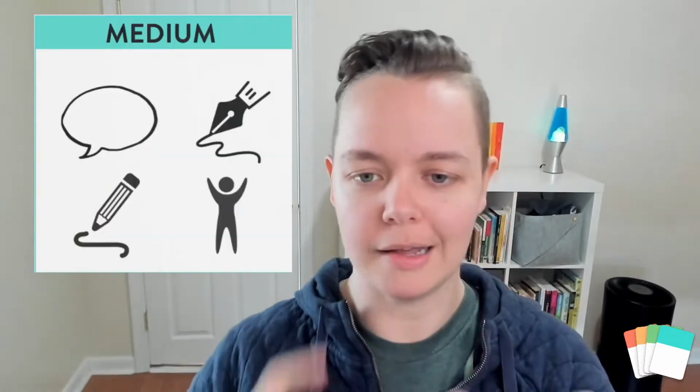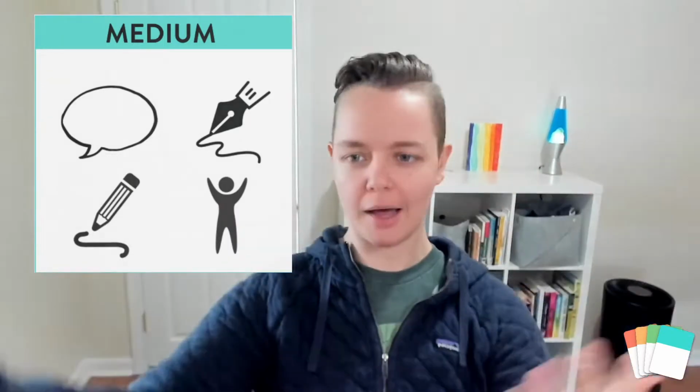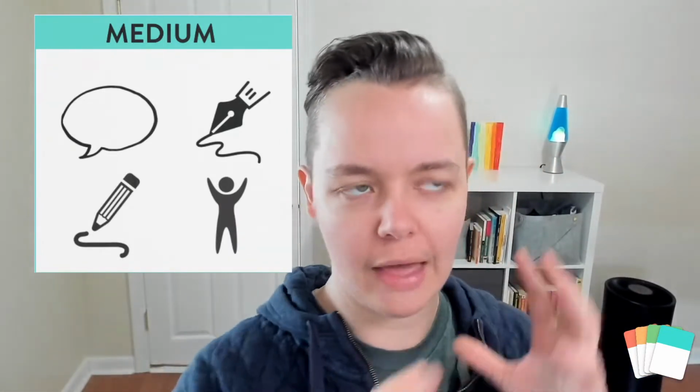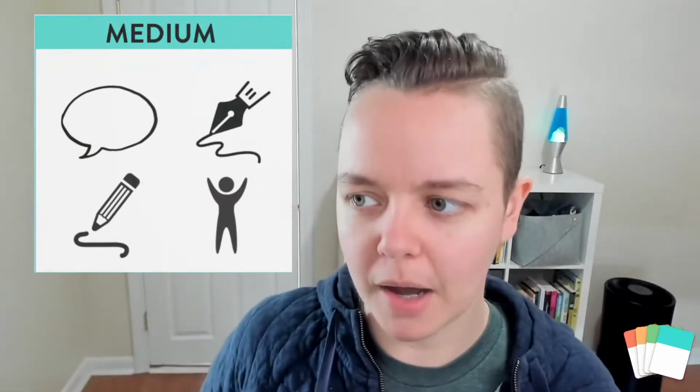So to me, there are 3 or 4 main modalities that we can ask from our groups. So that is talking, writing, drawing, and then physical embodiment, right? And then we can think of that medium, like are they talking, are they drawing, are they writing, are they physically embodying something?